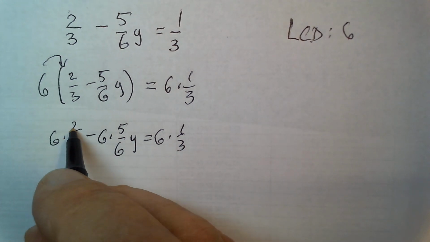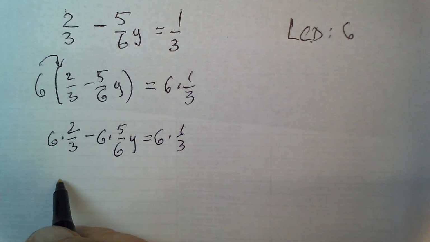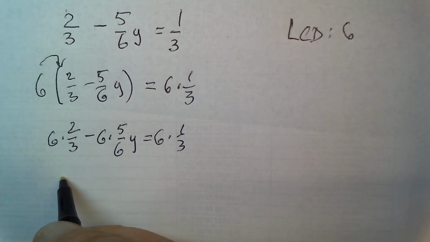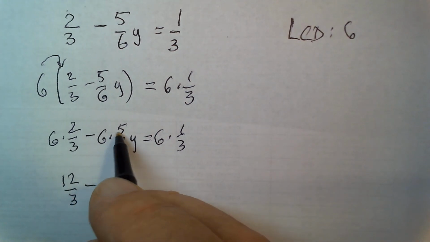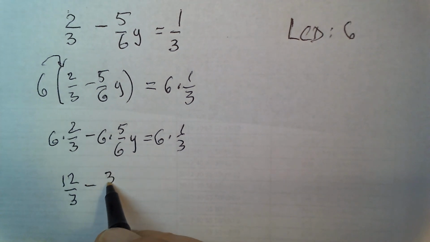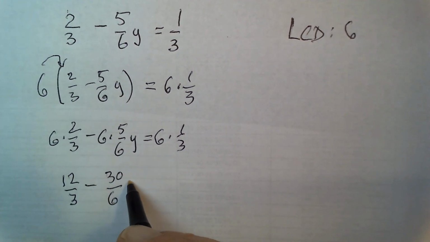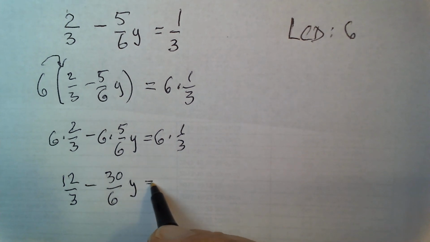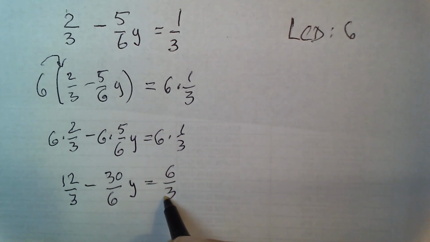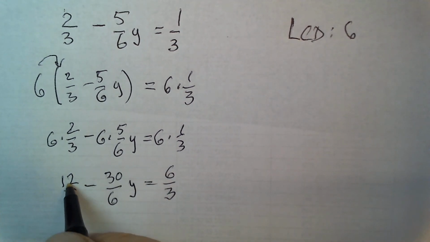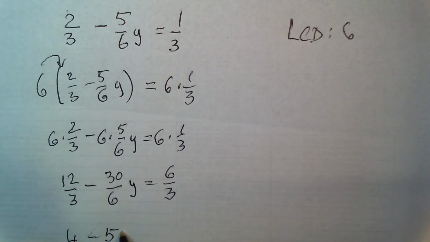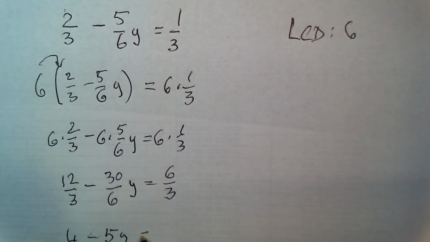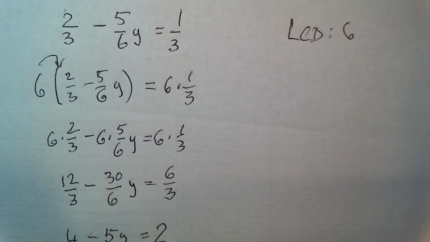So 6 times 2 is 12, and so we have 12 divided by 3, minus 6 times 5 is 30 divided by 6, y equals 6 divided by 3. So now the 3 goes into 12 4 times, 6 goes into 30 5 times, and 3 goes into 6 2 times.